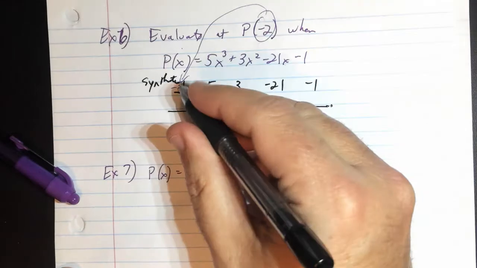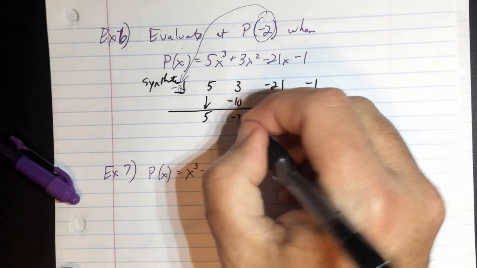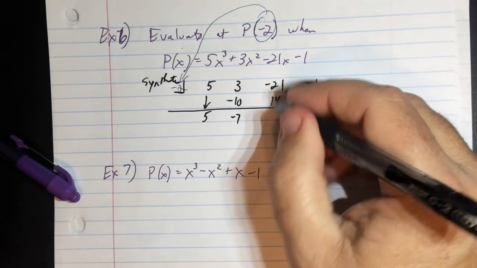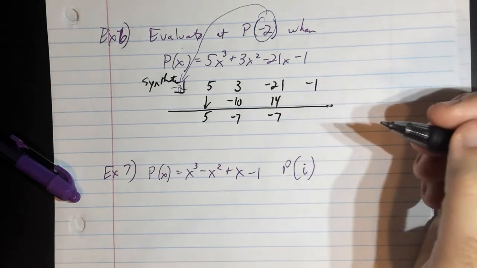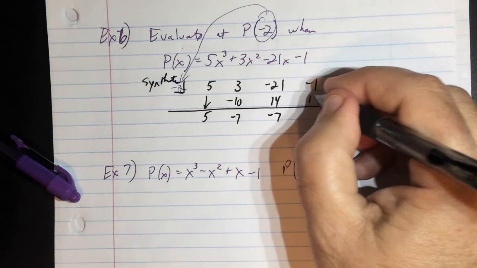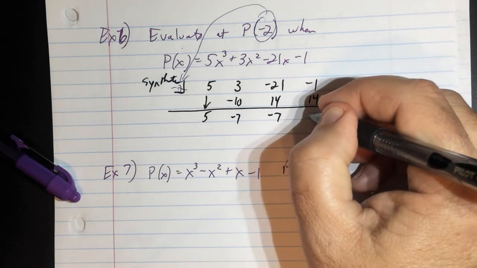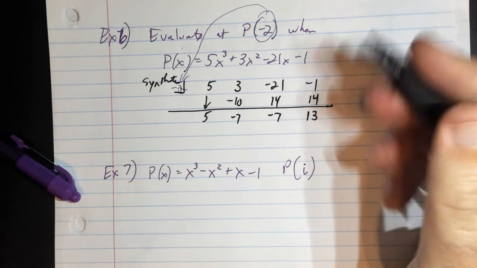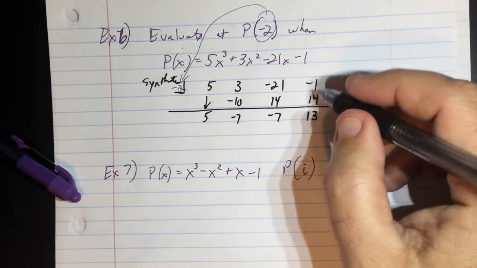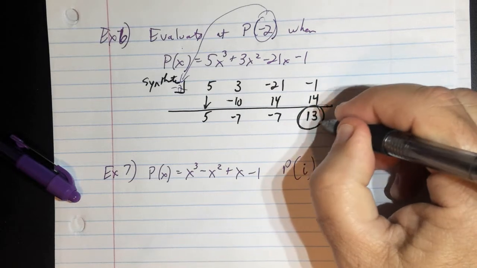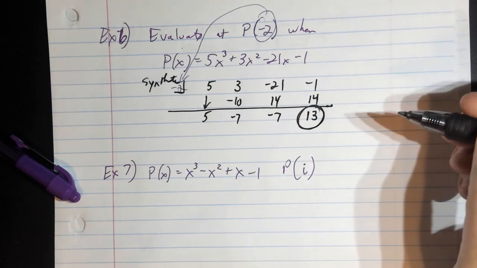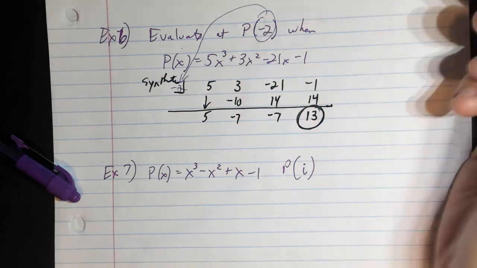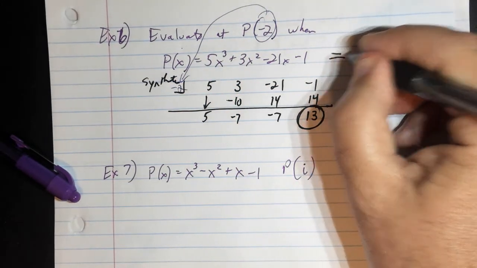Bring down the 5, multiply, negative 10, add, negative 7, multiply is 14, add, we get negative 7, multiply is 14, and we get 13. Now, what's my answer? My answer is this value right here. So if I evaluate at negative 2, if we put negative 2 in everywhere, the answer is going to be 13.